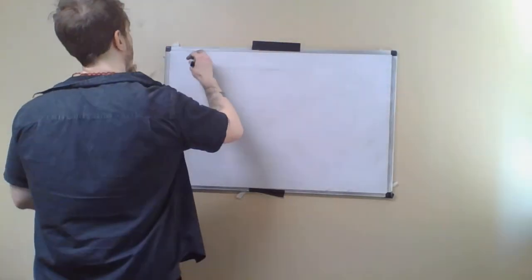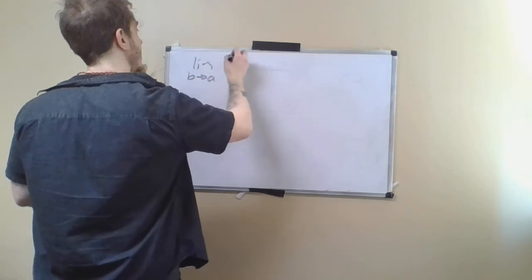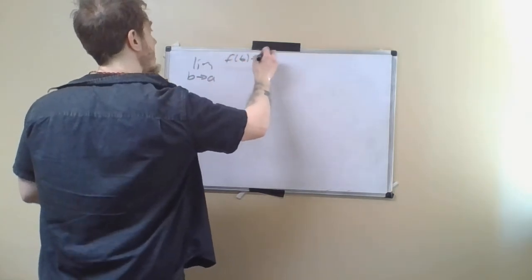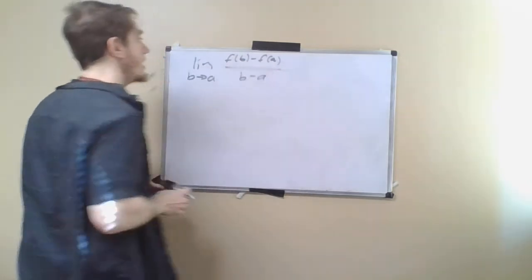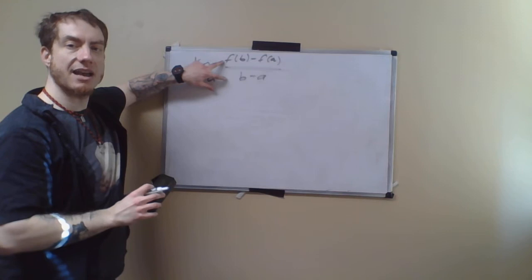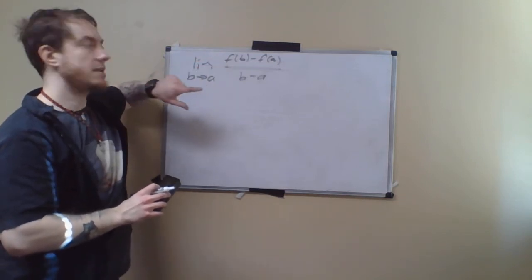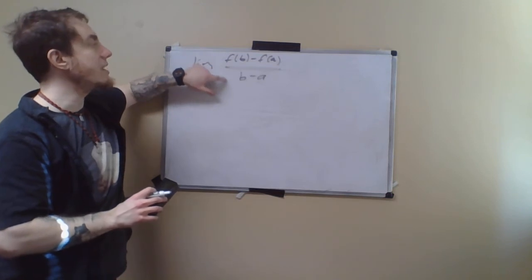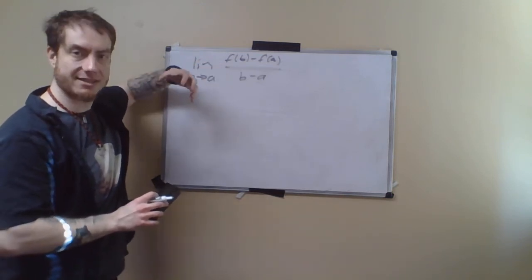In other words, what happens to the limit as b approaches a of f of b minus f of a, divided by b minus a? Well, the hope is that this will come out to be a 0 over 0 problem. And then I can try to mess around and cancel things and see if I can make sense of this.